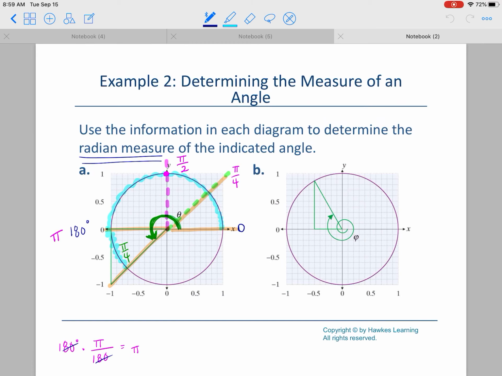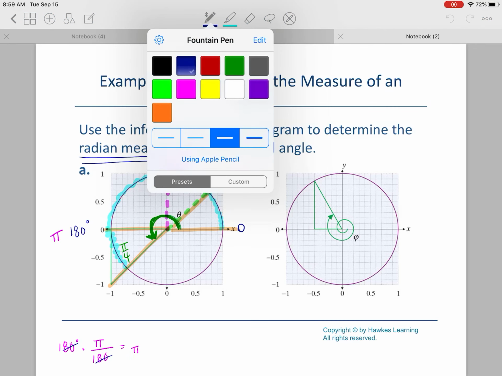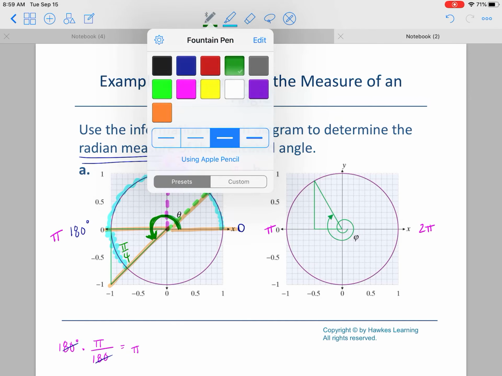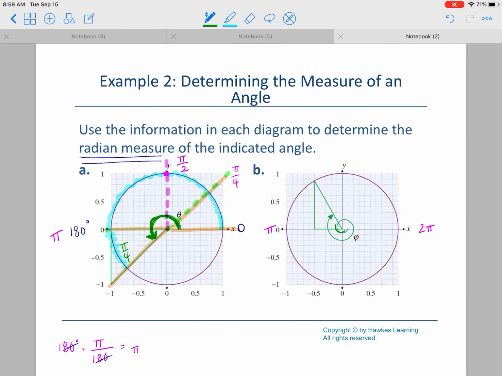Okay. Now, looking at this next one. This time I'm going the opposite way, which means I'm going to have a negative direction. So let's just think, if this was pi, what's all the way around my circle? Another pi, which is 2 pi. So if we look at this, I've gone a whole way around my circle.